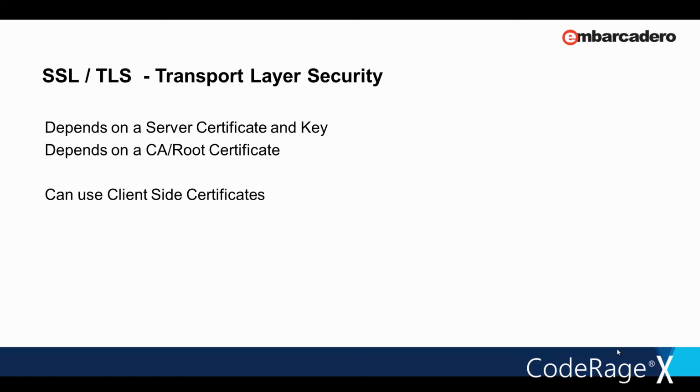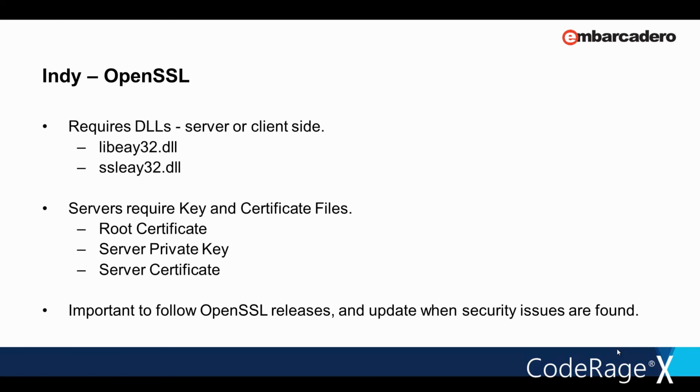And you can also use client side certificates in SSL or TLS. This is something I'm not going to cover today, but it is an option. It becomes a little bit more difficult to maintain because you have to control both sides of the equation, but it is very possible to do and very practical when you're in an enterprise environment and you need to control and secure 2 endpoints and verify that those 2 endpoints are truly who they are.